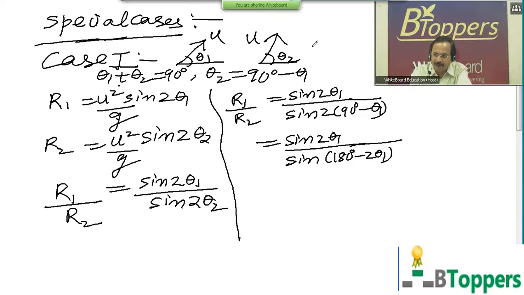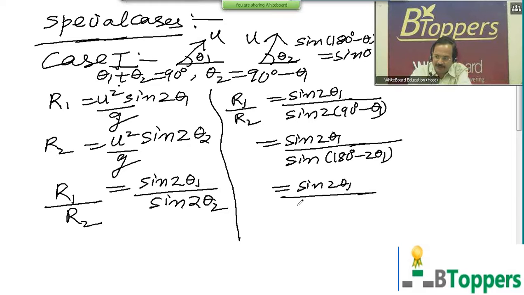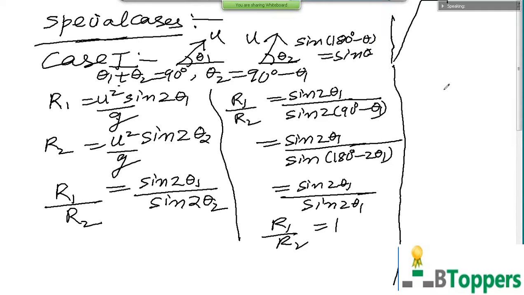As you must be knowing one formula in trigonometry, sine 180 degrees minus theta equal to sine theta. So use that formula here. So sine 180 degrees minus 2 theta 1 can be written as sine 2 theta 1. So you get R1 by R2 equal to 1. So you get R1 equal to R2.